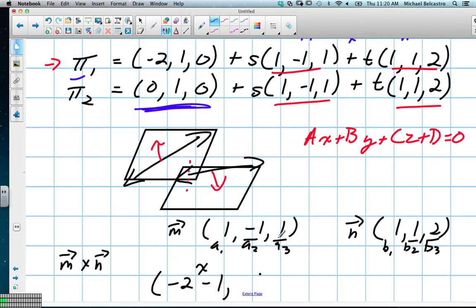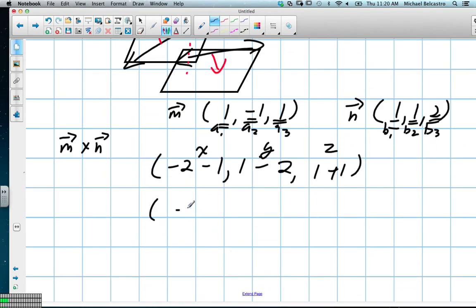Our y value would be a3 times b1, which is 1, subtract b3 times a1, which is 2. And finally, a1 times b2 is 1, subtract b1 times a2, which is -1, which is the same as adding the value of 1. So that gives us our x, y, and z, which gives us -3, -1, and 2. These become the a, b, and c values in our Cartesian form.